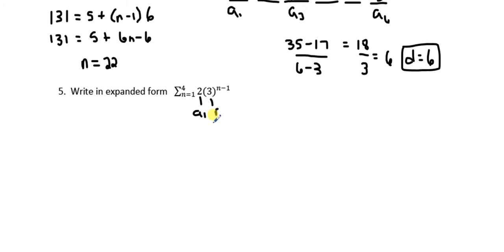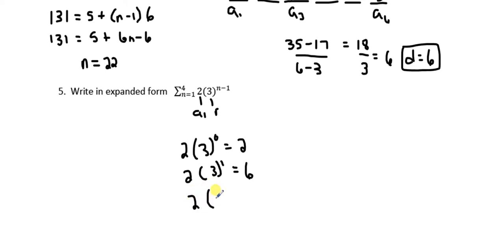So the first term is N equals 1. So you have 2 times 3 to the 0 power. 3 to the 0 power is 1, so it's 2 times 1, which is 2. And then you have 2 times 3 to the 2 minus 1, which is 1. So 2 times 3 is equal to 6. And then 2 times 3 to the second.